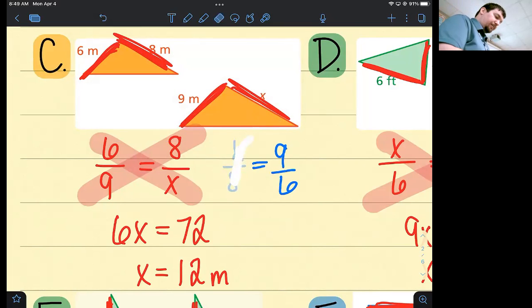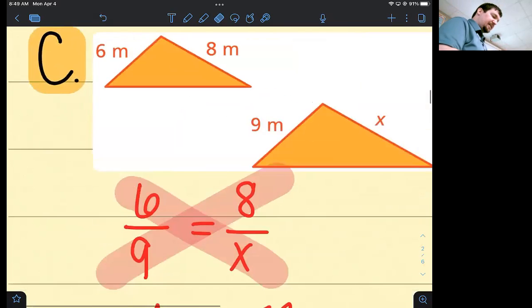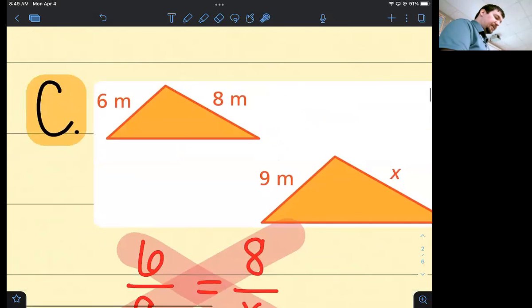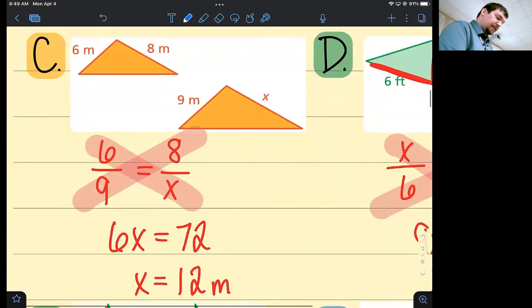Here's another way you could do it, just to show you that you don't have to set up your proportion exactly like mine. What if instead of doing 6 is to 9, we did 6 is to 8? Stay on the same triangle. 6 is to 8, then 9 and then x for my second one.